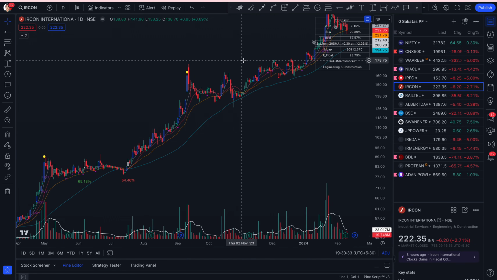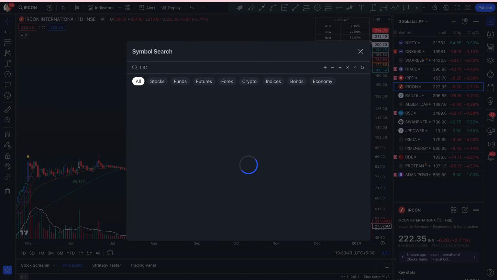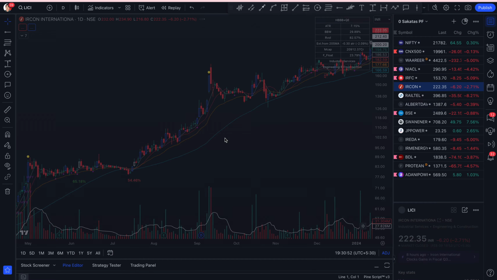How we measure extendedness is very simply: you measure how far the price is from a key moving average. That basically is a measure of your extendedness.